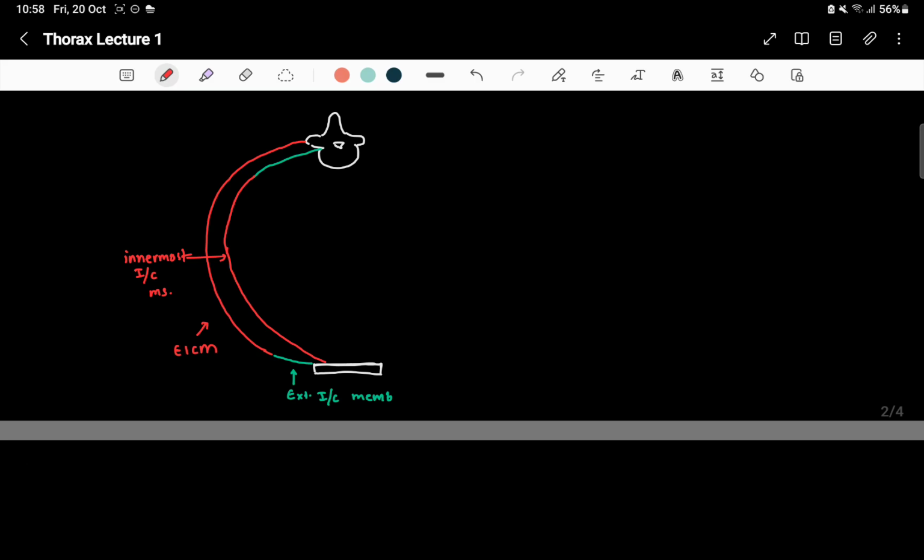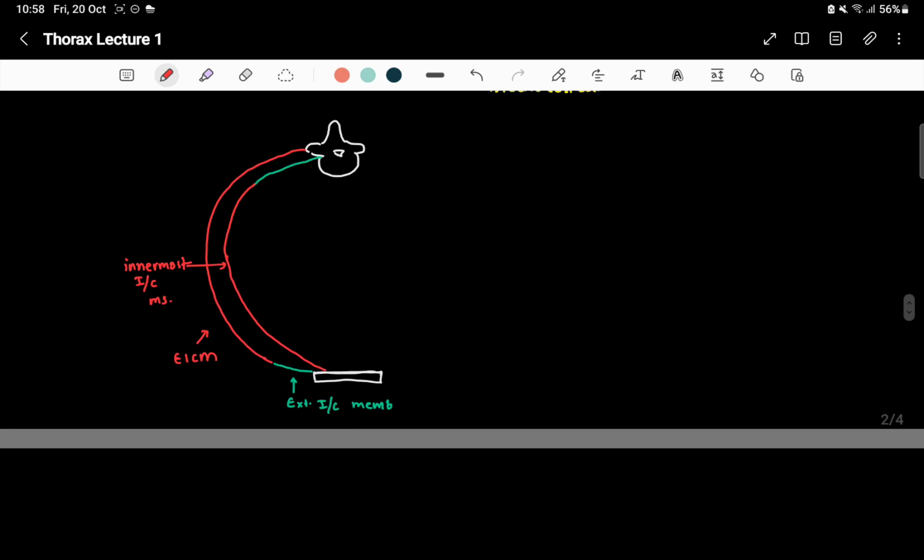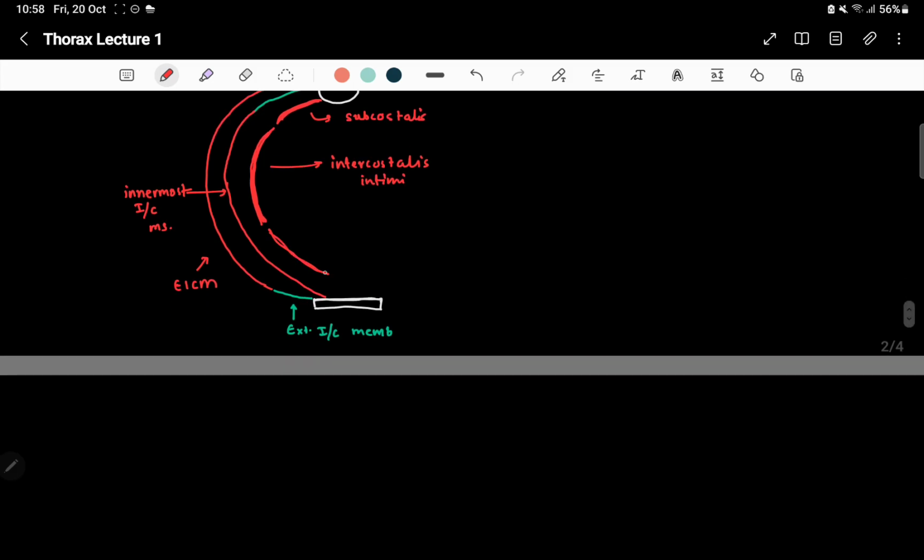Okay, then your three muscles of your internal group. So let me draw your subcostalis here. This is intercostalis intimi, and here is your sternocostalis.